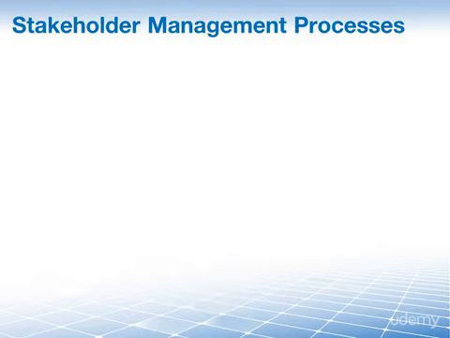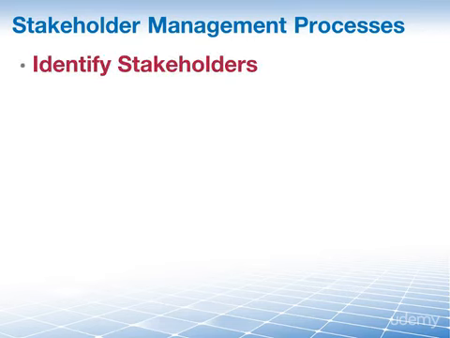We have four processes in this knowledge area, and stakeholder management is one of those few knowledge areas where the name of the first process does not start with the word plan. It starts with the word identify.